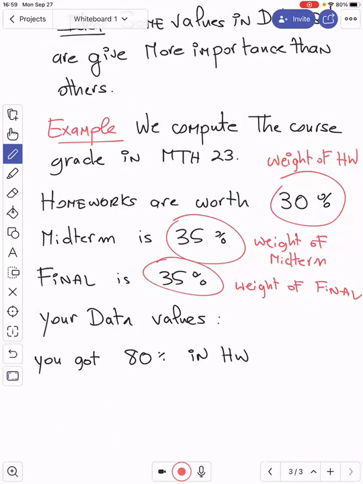Let's say you're a very good student, so you got 85% in the midterm, and in the final, you did really well and you got 90%.